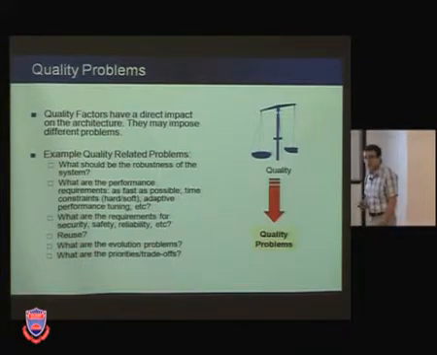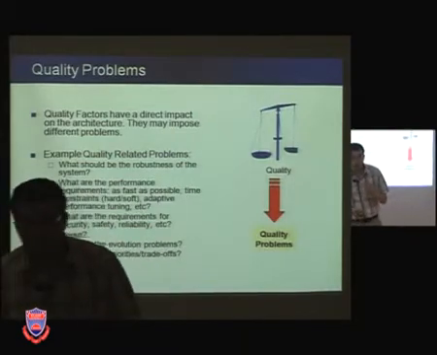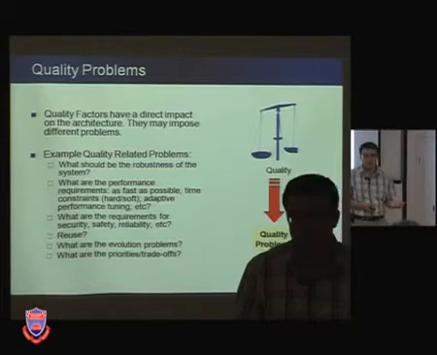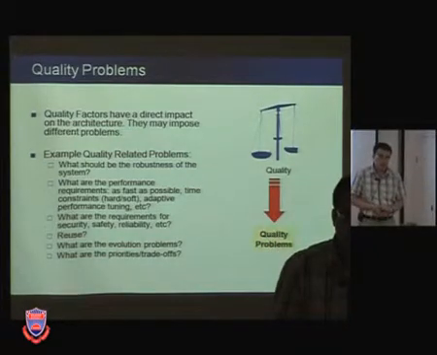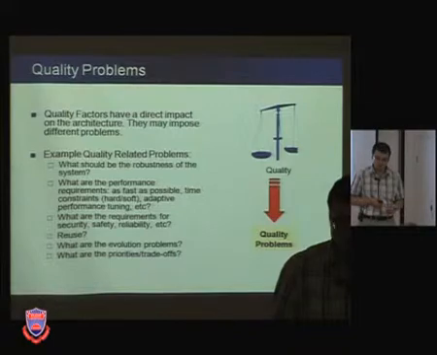What are the priorities, trade-offs? See, typically these might not be mentioned in the requirements analysis. But here you ask it explicitly. You look at the application problems, computer science problems, mathematical domain problems, and quality problems.